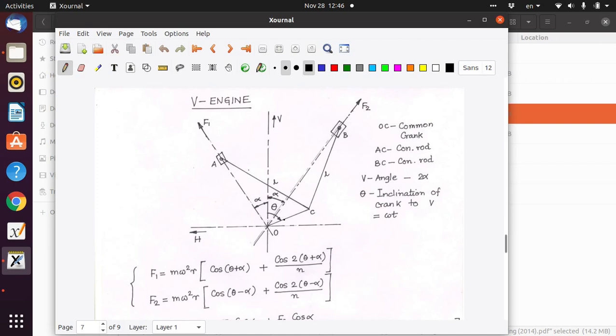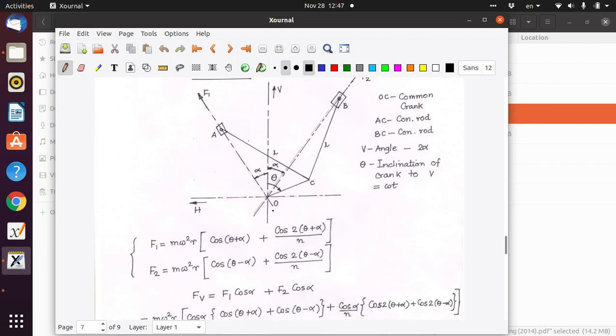So that means, from this line of stroke, the crank makes an angle of theta minus alpha, and from this line of stroke, the crank makes an angle of theta plus alpha.